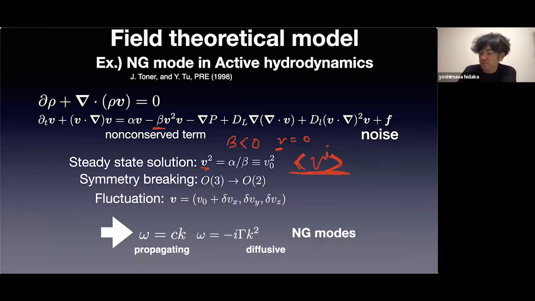Which means if the birds fly in the same direction, that breaks the rotational symmetry. The fluctuation of this direction gives you some diffusion mode. That can be understood as the Nambu-Goldstone boson mode.